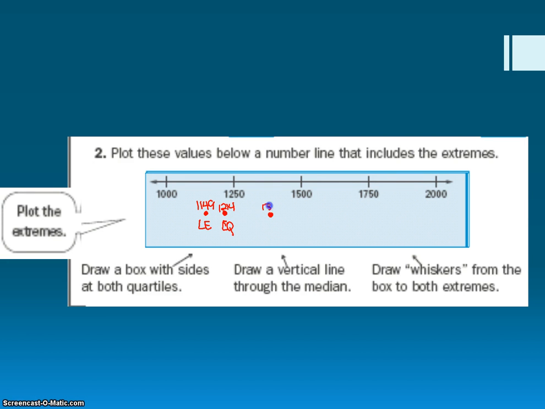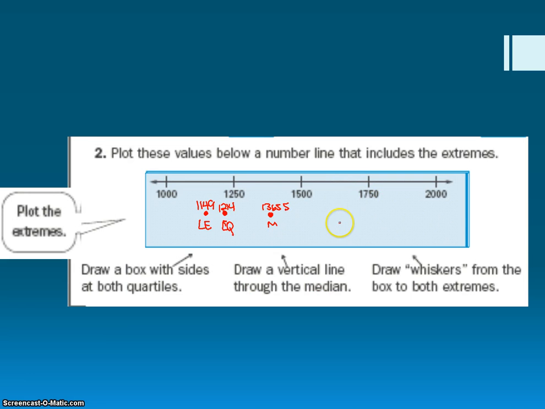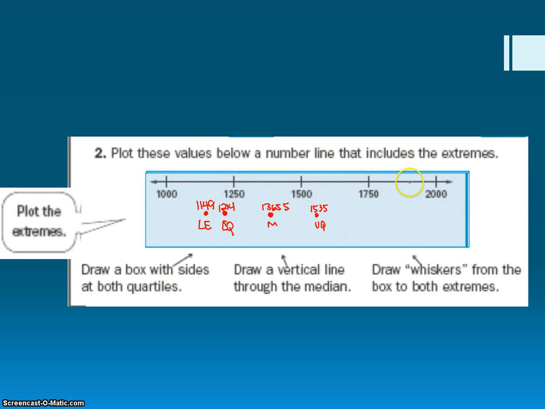That's your median. 1,535, about close to there, is your upper quartile, and 1,815.